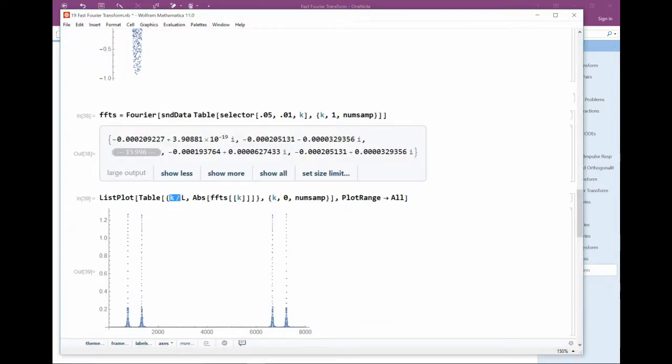So this is why I am plotting this fast Fourier transform not with respect to k but with respect to k over L, because then the numbers that I see here actually represent the actual frequencies present in my signal. As you can see, both of the frequencies are below 2000, so I would need to plot it from 0 to 4000.